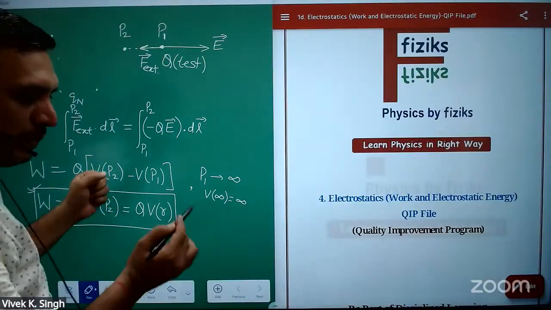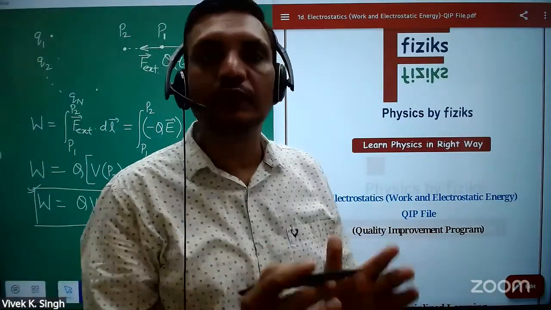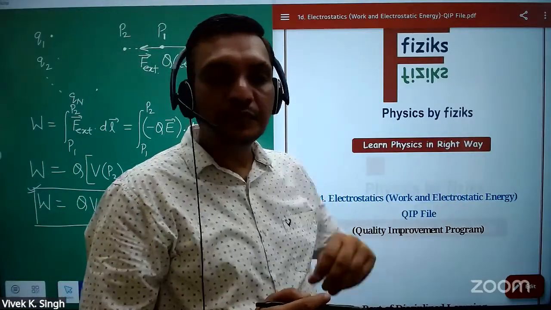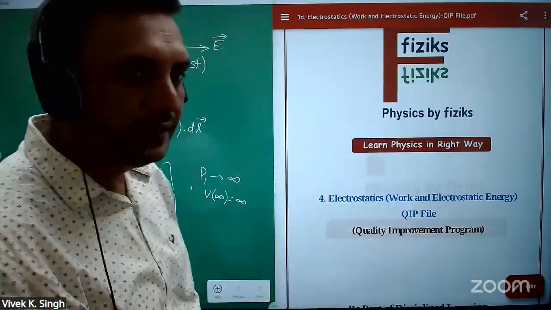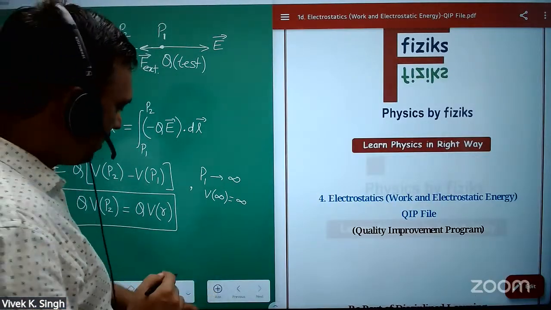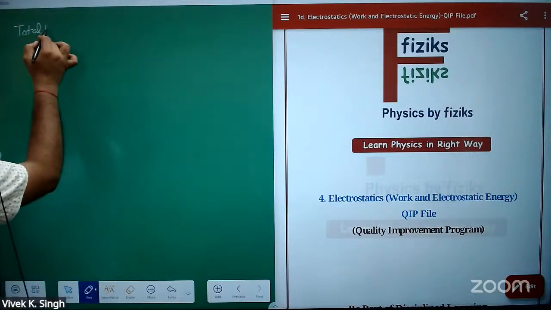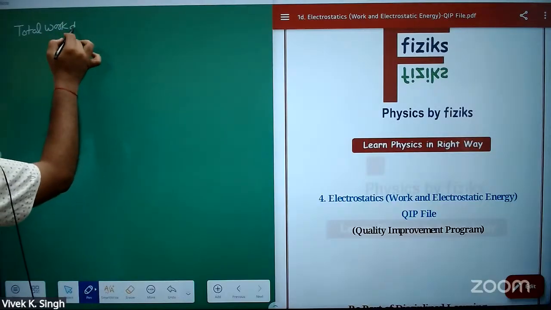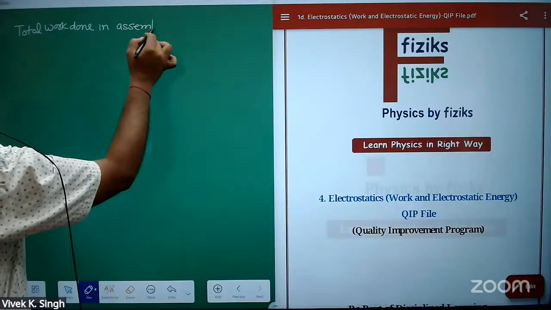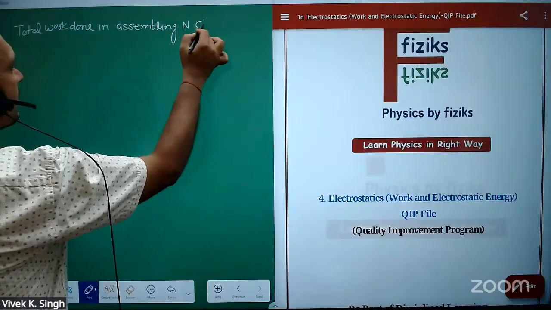So if you assemble two charges, this is the work done, and that is the electrostatic energy, because that is the total work done in assembling all charges. And the electrostatic energy of a set of, let's say, n charges is the total work done in assembling all n charges. So let's see what is the total work done in assembling n charges.